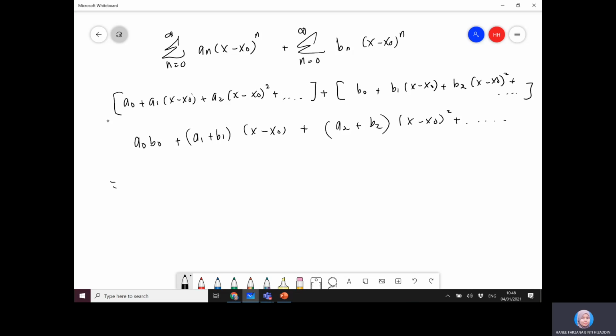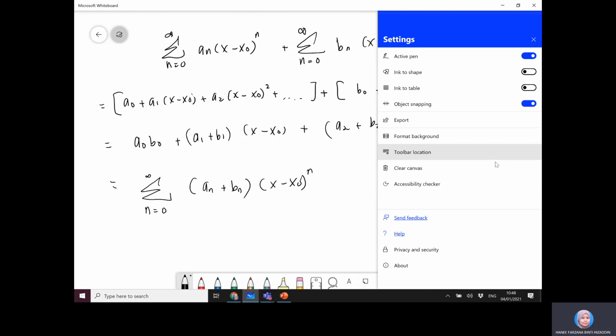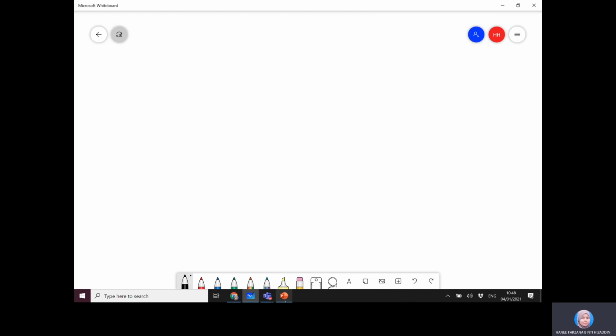Thus, this can be simplified to the summation from n equals 0 to infinity of (a sub n plus b sub n) times (x minus x naught) to the power of n. So that's what we meant by the term-wise addition of power series. You can add them term by term. That is the second operation you can do with power series.